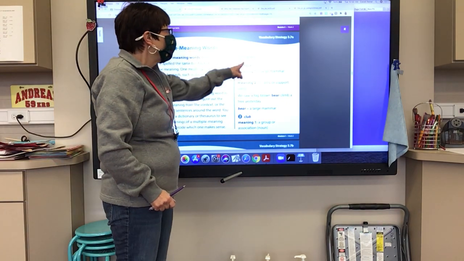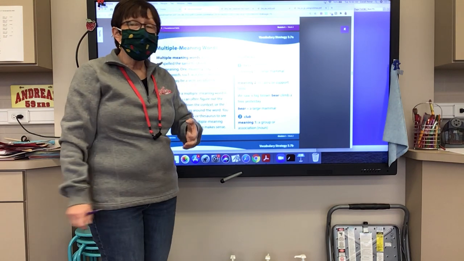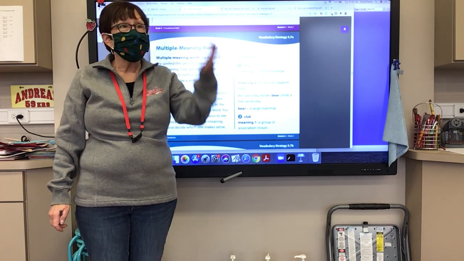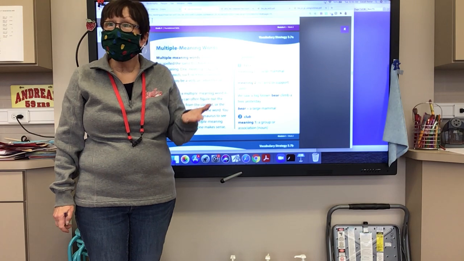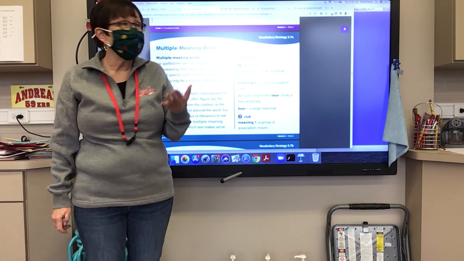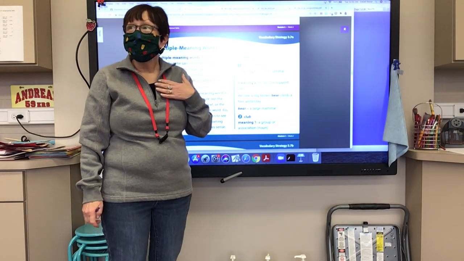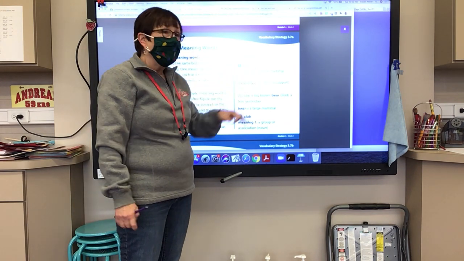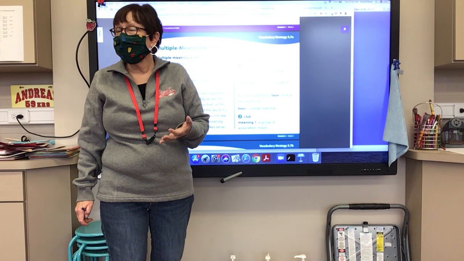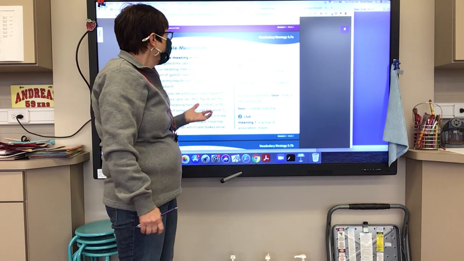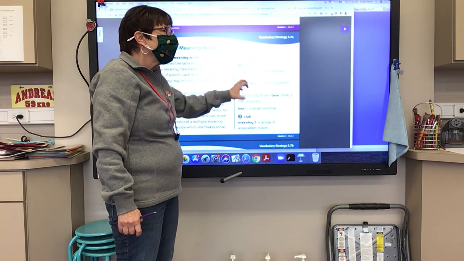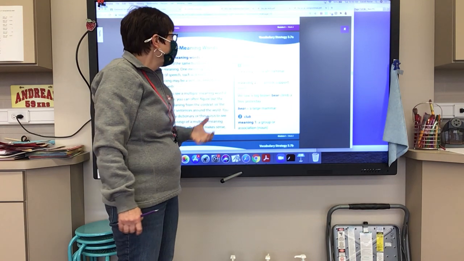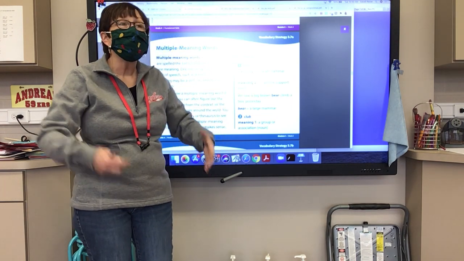Here's the word bear. Usually when you think of a bear, the first thing that pops into my mind and into your mind would be the animal, right, boys and girls? A large mammal. And that word is a noun because it's an animal. Another meaning of the word bear is to carry or support something.